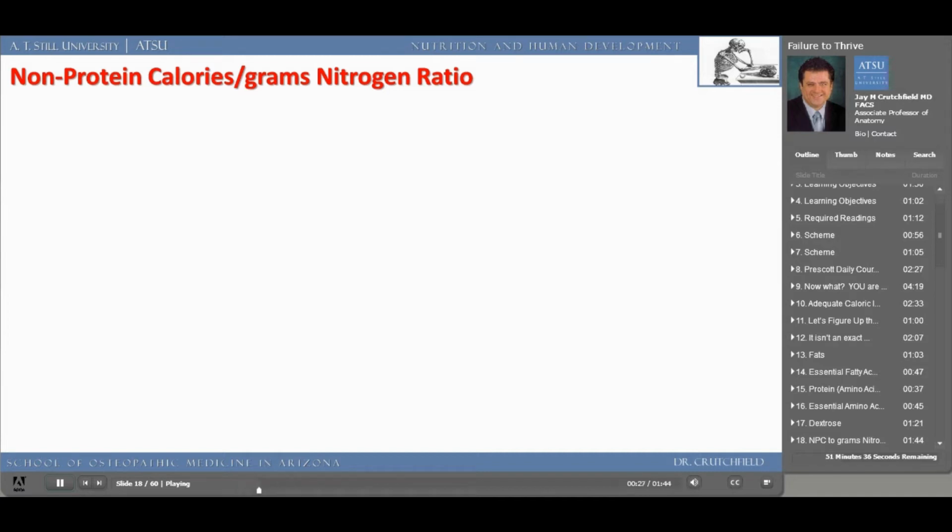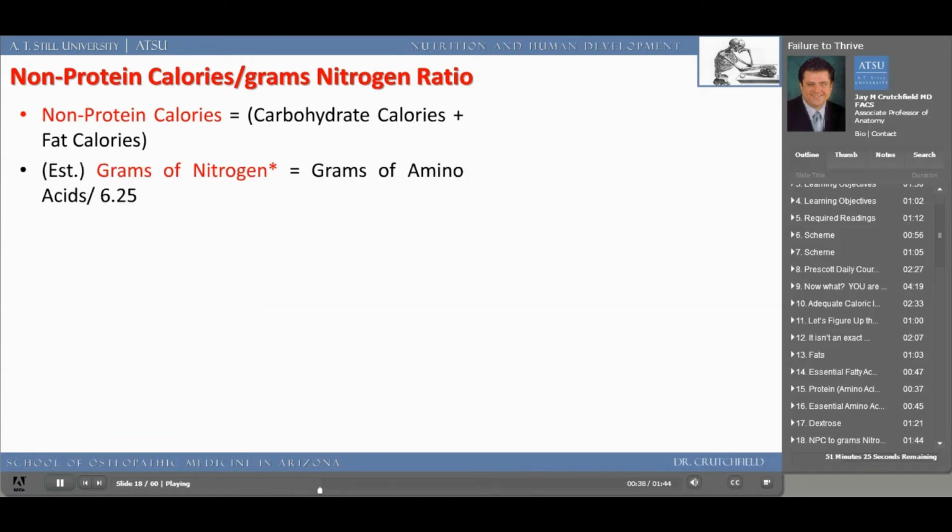So if we know the non-protein calories, and this makes sense, non-protein calories are the carbohydrate calories and the fat calories, divided by the grams of nitrogen, and that's calculated by the grams of amino acid divided by 6.25, and this is just an approximation, this ratio of non-protein calories to grams of nitrogen should ideally, in a perfect patient who's healthy, who has no liver or lung disease, be about 150 to 1.